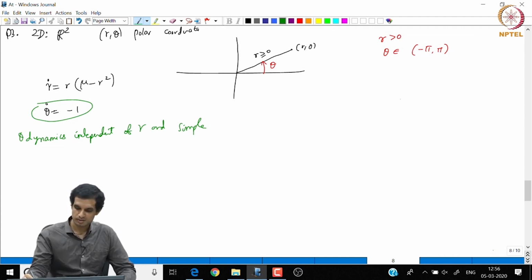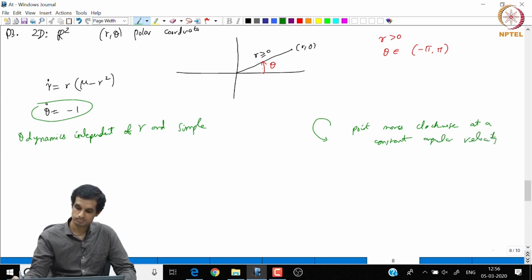Since theta is an angle, this essentially means that the point moves clockwise, because theta is anti-clockwise. So, theta dot is minus 1 implies the point moves clockwise at a constant angular velocity of 1 radian per second.